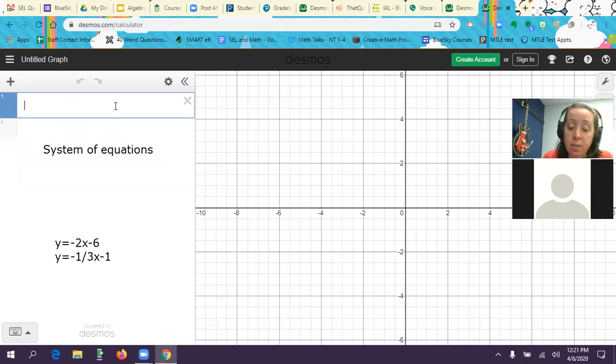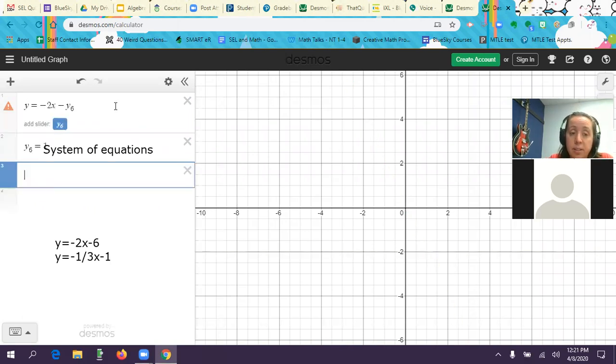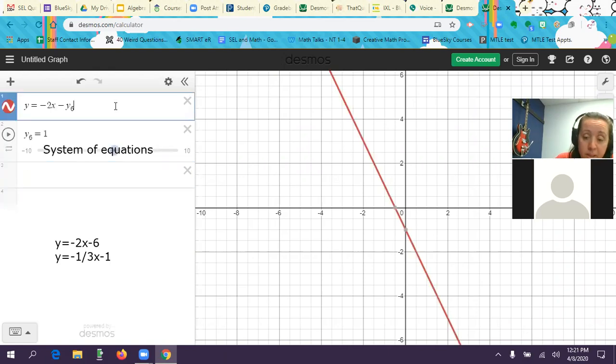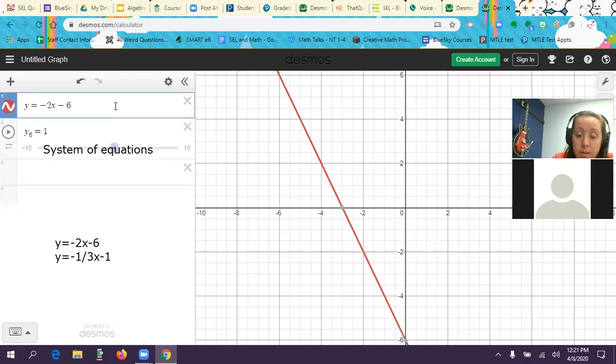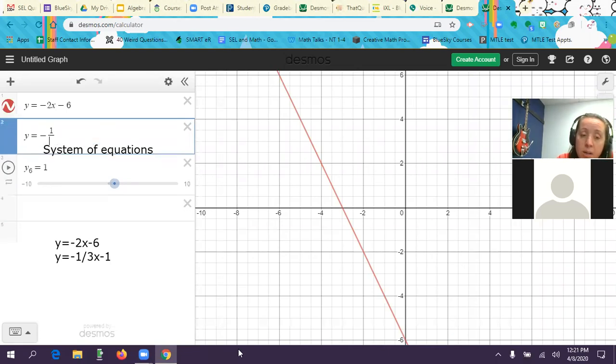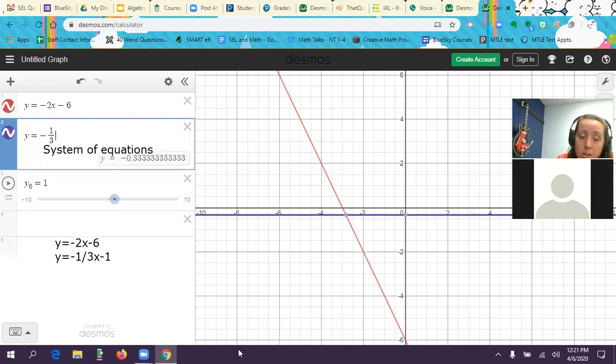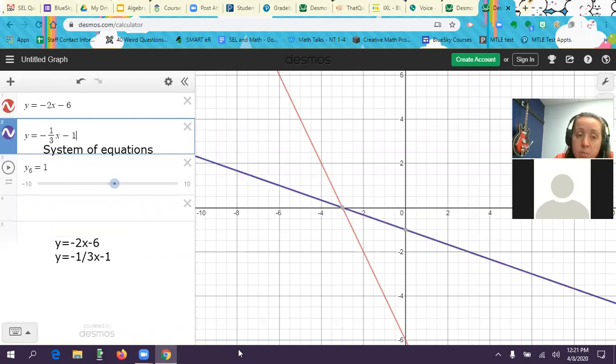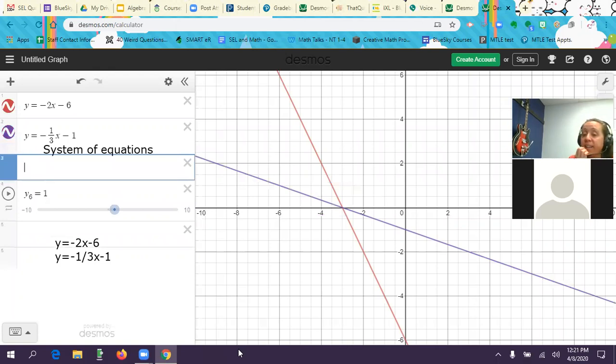Watch, let's type this in. y equals -2x minus 6. Cool, so there's my line. And now I'm going to type in my other one. y equals -1/3 x minus 1.